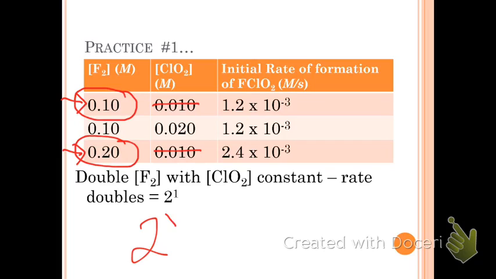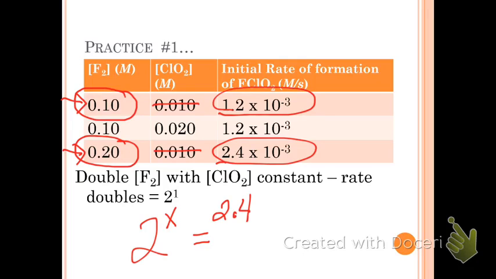That's easy enough. And then when I look over here to my reaction rates, I find that in experiment 1, the rate is 1.2 e to the negative 3. Experiment 3, the rate is 2.4 e to the negative 3. So I take 2.4 e negative 3, and I divide that by 1.2 e negative 3.